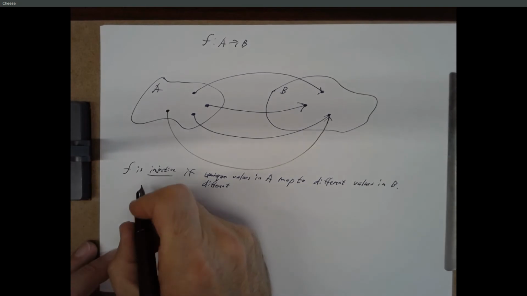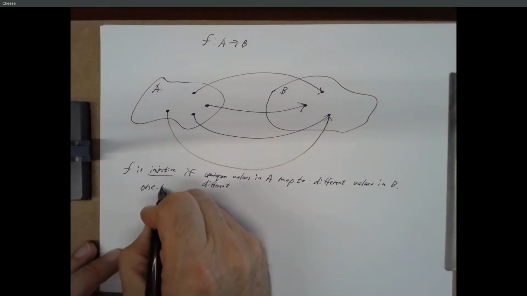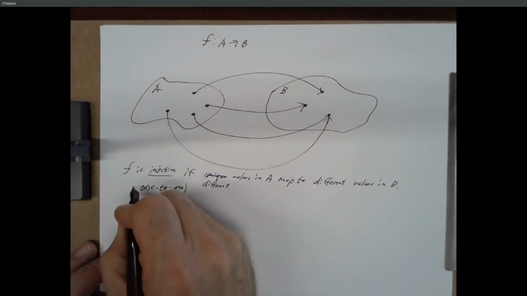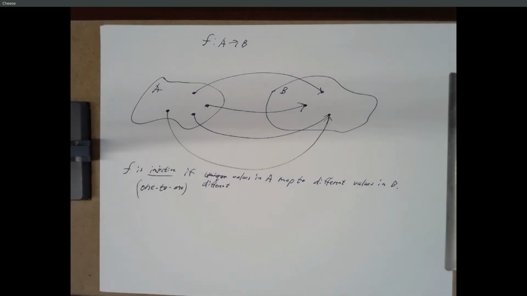This is also called one-to-one. And it's just a property that functions have or don't have. If it doesn't have this property, then it's not injective, it's not one-to-one.